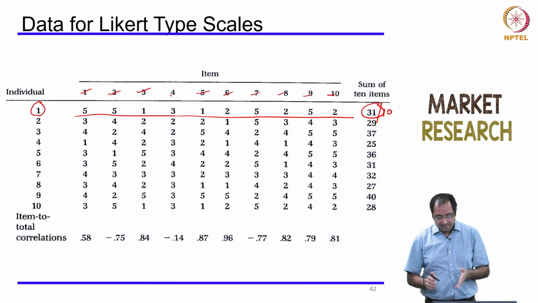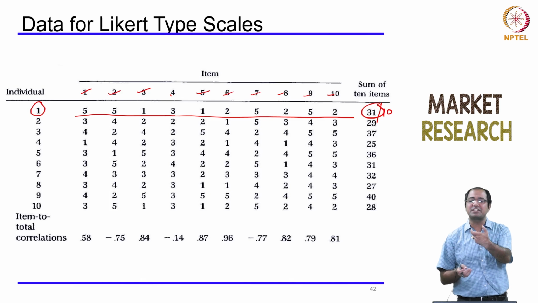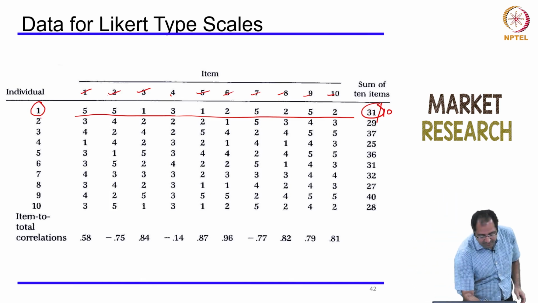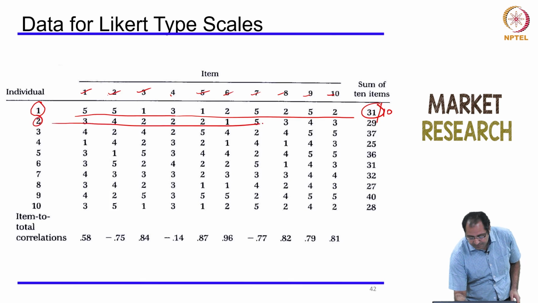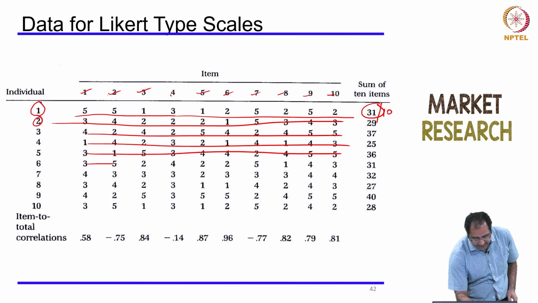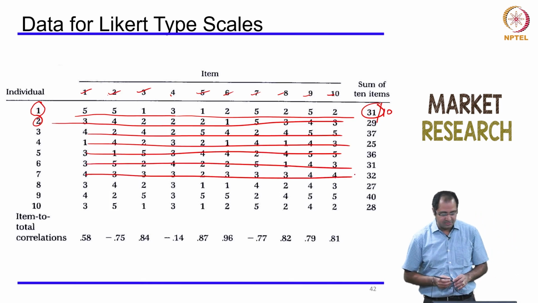Better is to take the average, because you measured something on a 5-point scale, and 3.1 is somewhere near the neutral. So likewise for every respondent you have this data. This is how you enter the data in the Excel sheet or any analysis sheet.